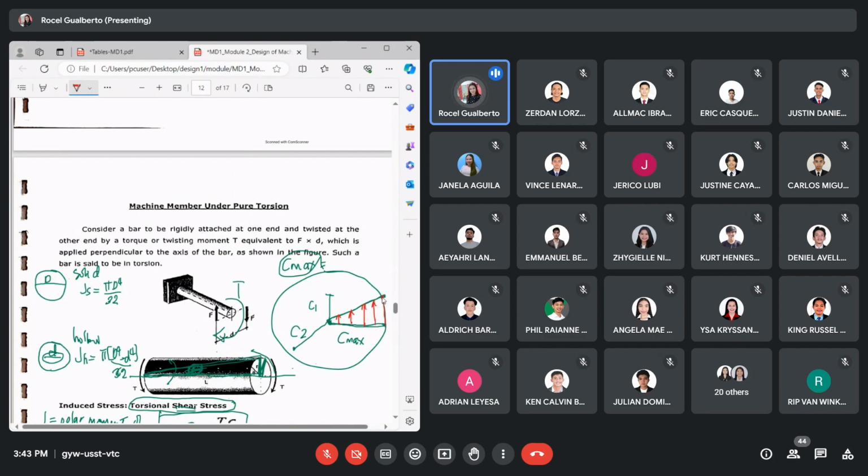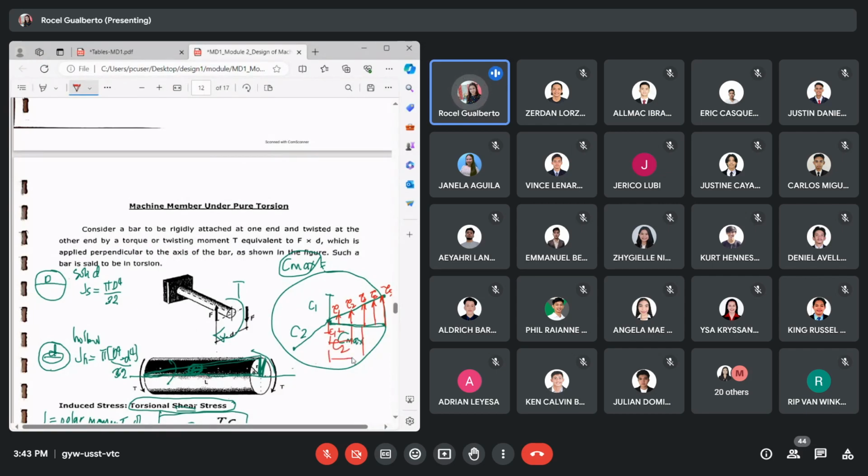Halimbawa po, yung length ng arrow ay ang ituturing ko po as the stress. So, may stress 1, stress 2, 3, 4, and then stress 5. And each one will correspond to a value of C. So, may C1, may C2, C3.